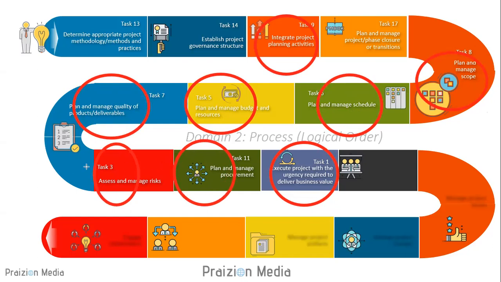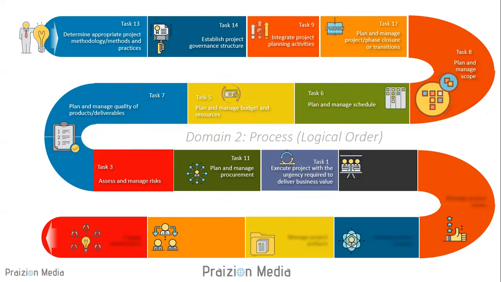And now you can begin to think of executing the project with urgency required to deliver business value. Note that task 17 is all about planning phase closures or transitions. You need to plan that first before you execute. So the logic is as much planning as needs to be done before you execute your project with urgency. That's why task 1 is all the way down there.